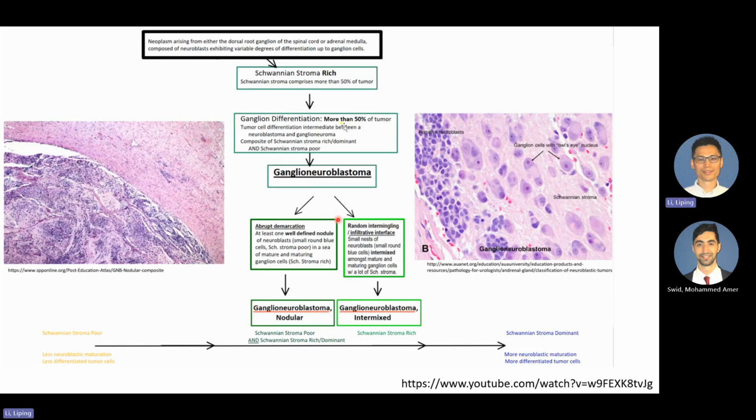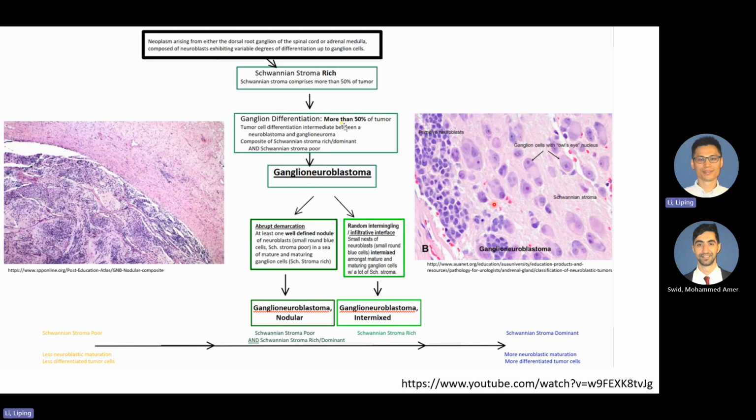And for this one, as I mentioned before, we have more than 50% of Schwannian stroma, and we also can see this bluish neuroblast. They either form nests, which they call Ganglioneuroblastoma nodular type.